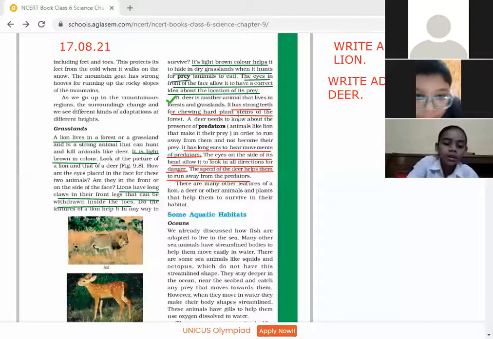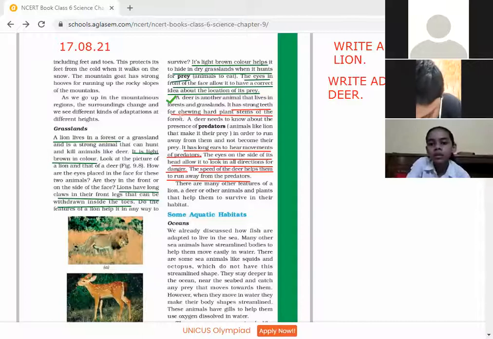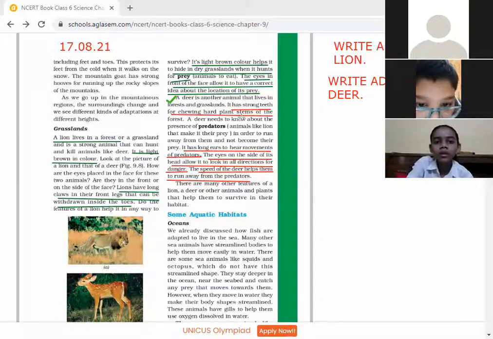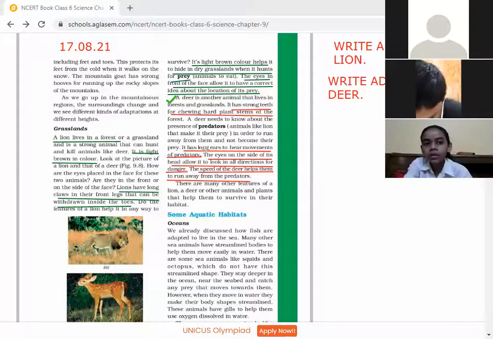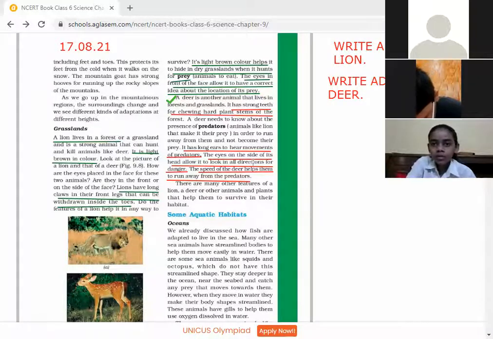So children, just make the points that I had underlined. It has strong teeth for chewing hard plant stems of the forest. Second, it has long ears to hear movements of predators. Eyes of deer are on the side. So children, you can write down the points here. आप इसमें points बना सकते हैं. Number 1, 2, 3, 4.